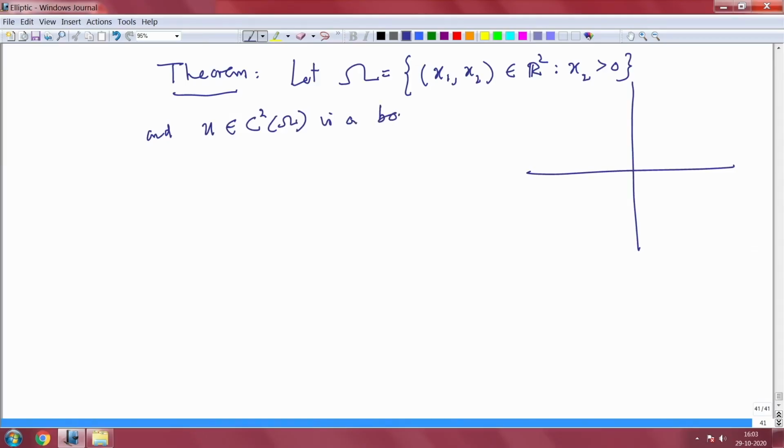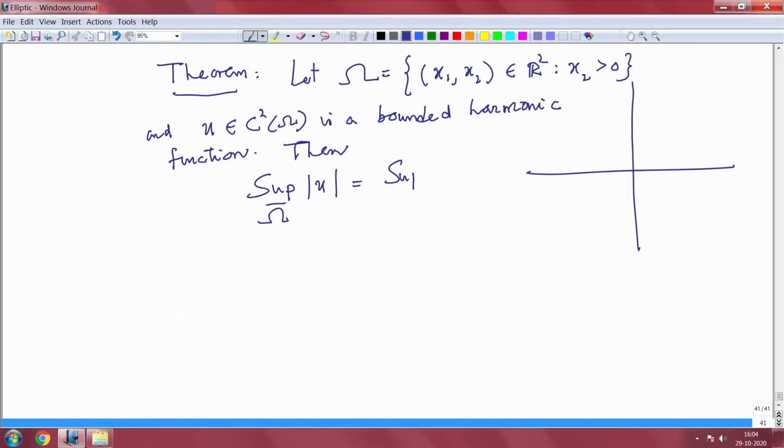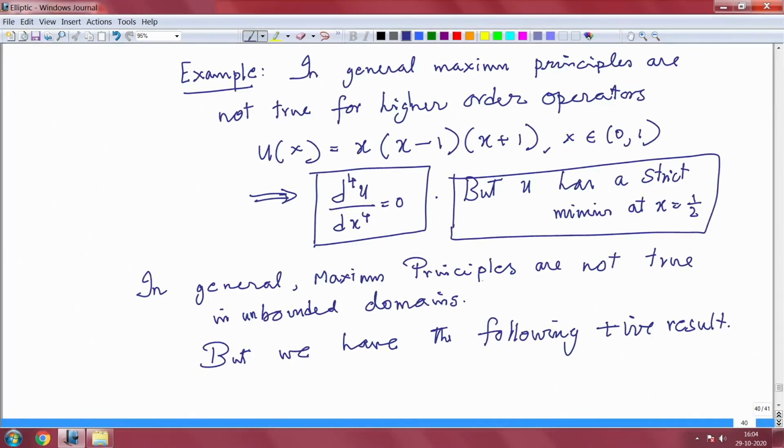This is a positive result in the upper half plane for bounded harmonic functions. Then the supremum of mod u over omega bar, the entire upper half plane, is attained at the boundary, d omega.